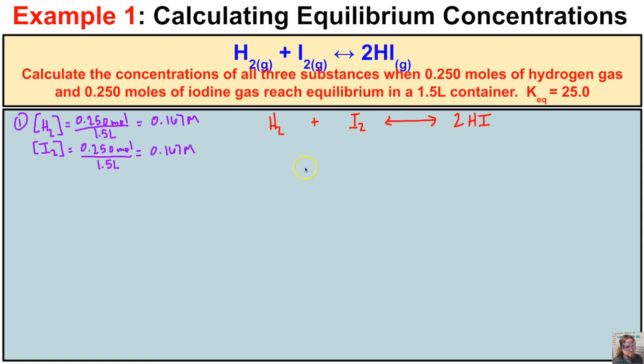So what we now need to do is set up an ICE chart. And ICE stands for initial, change, and equilibrium concentration. So let's go ahead and do this. We have I, C, and E here.